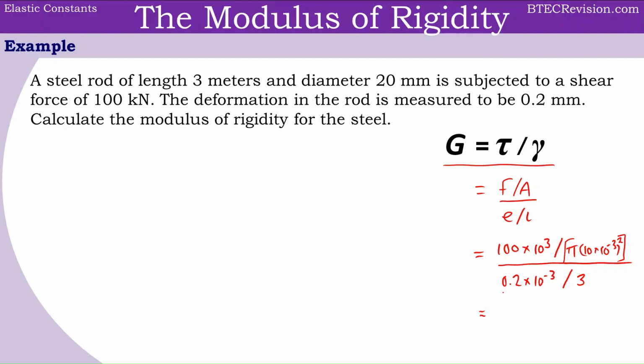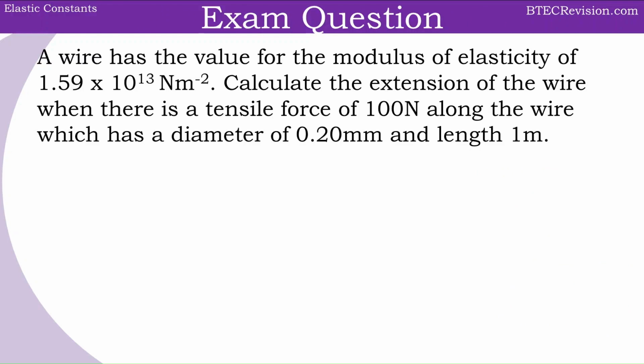Plugging these values into our equation, we get 4.7746 times 10 to the power of 12. And the unit is newtons per meter squared. Now pause the video here and attempt this exam question.